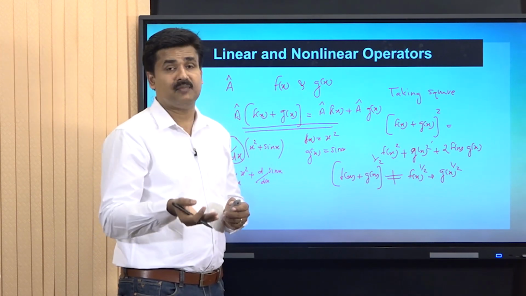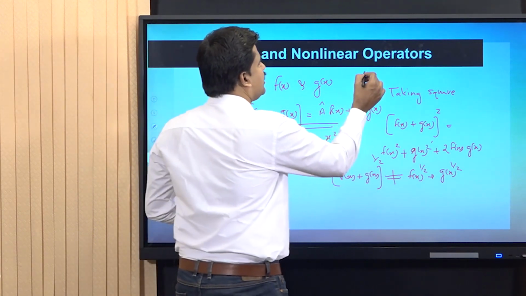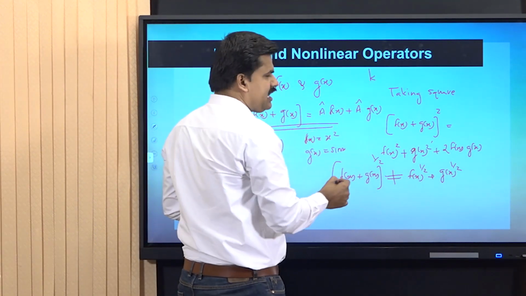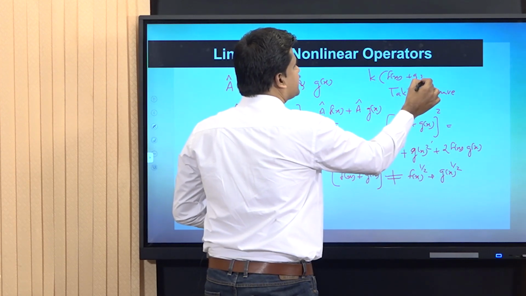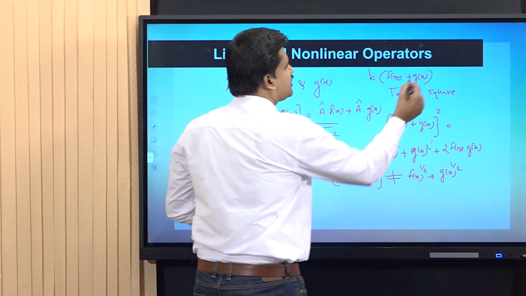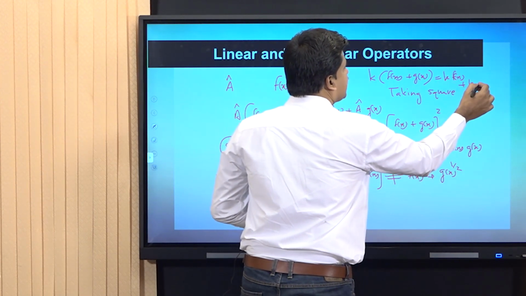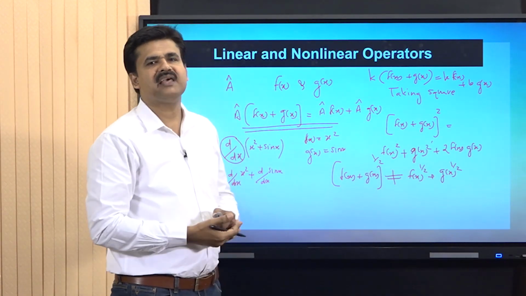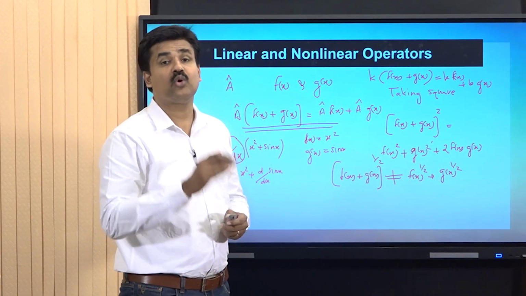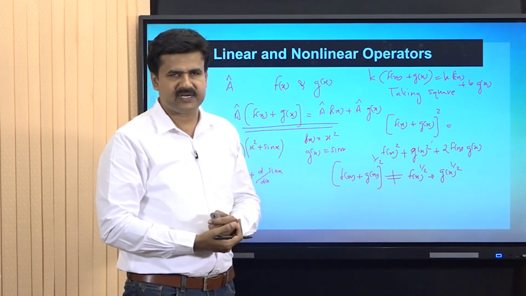Now, what about multiplying with a constant? That is, the constant k into f of x plus g of x. Absolutely no doubt, the result is k f of x plus k g of x. That is, multiplying with a constant is a linear operation.